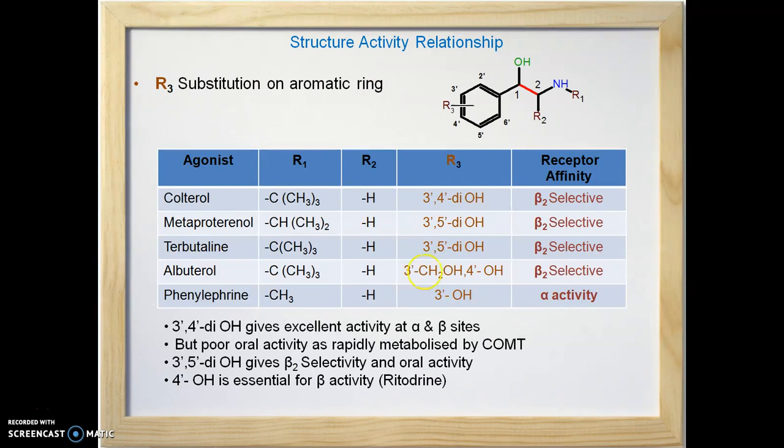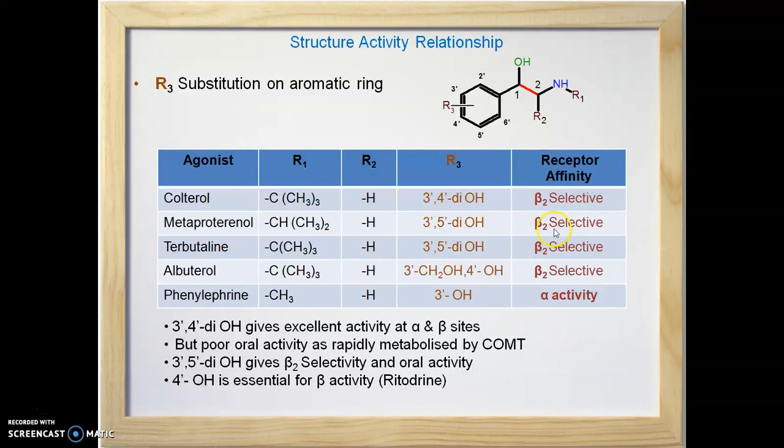Effect of R3 substitution. 3,4-dihydroxy substitution on phenyl ring gives excellent activity at alpha and beta receptor, but has poor oral activity as they are rapidly metabolized by COMT. If we go for 3,5-dihydroxy substitution, resistance occurs to COMT, which gives orally active compound.